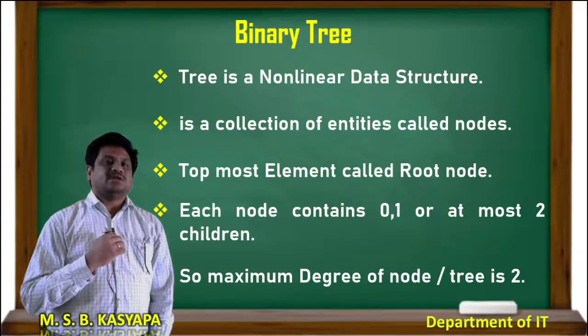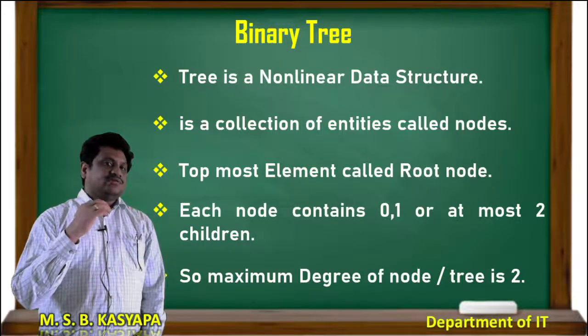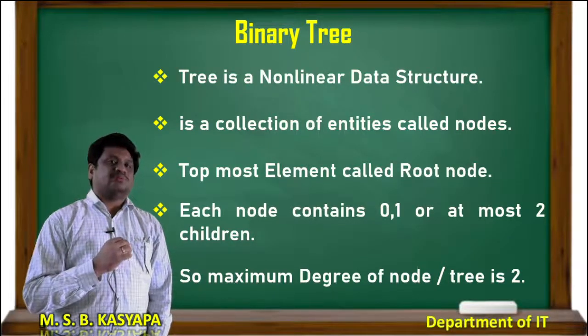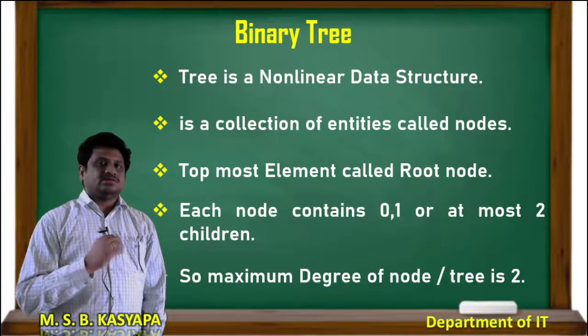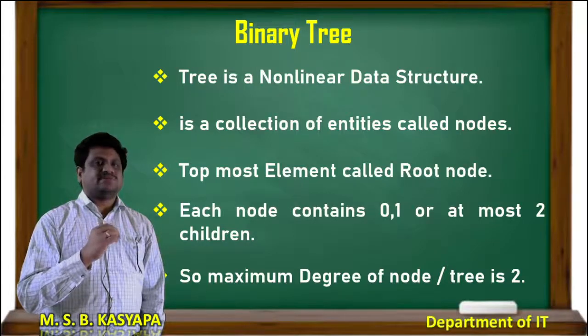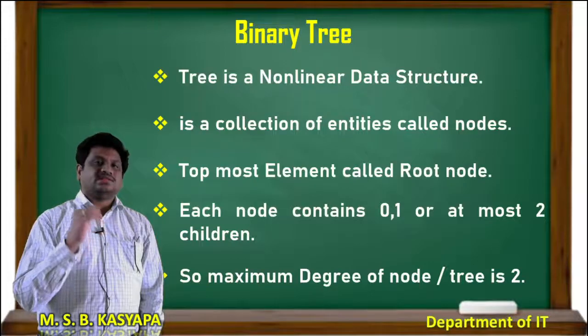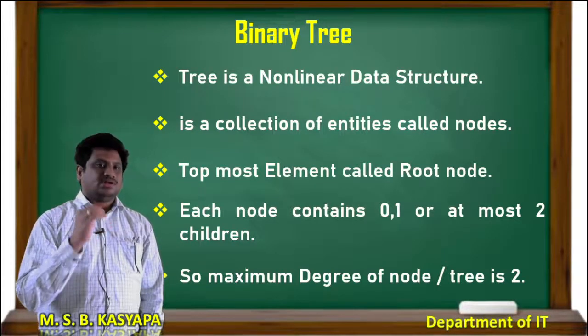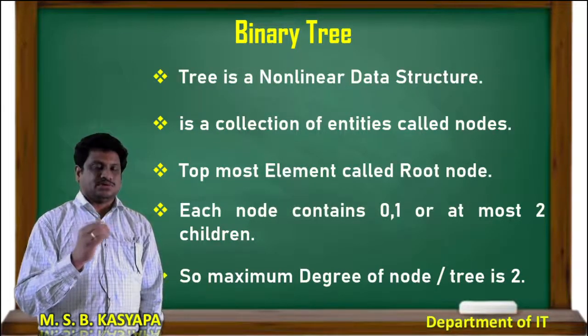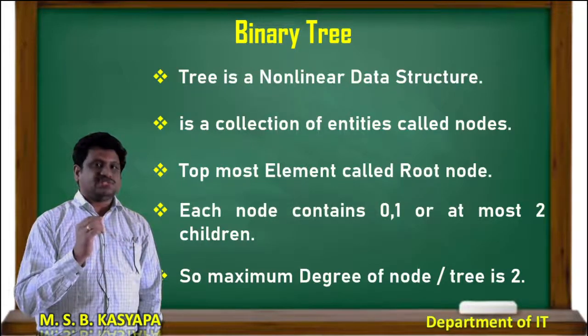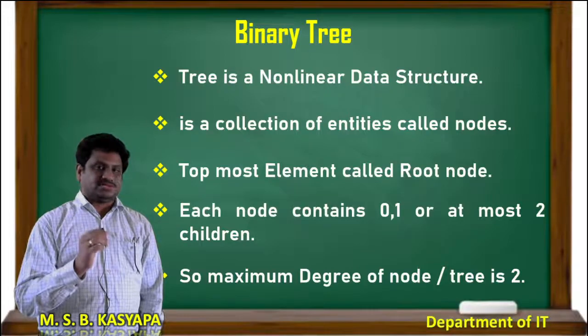But in the general tree, every node can contain any number of children. In the binary tree, the number of children must be a maximum of 2. So the number of child nodes is either 0, 1, or 2. Either it doesn't have any children, it contains only one child, or it contains 2 children.